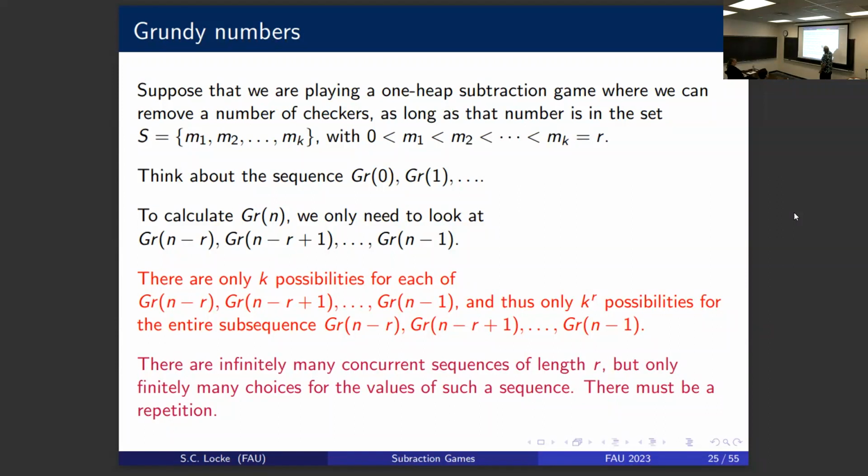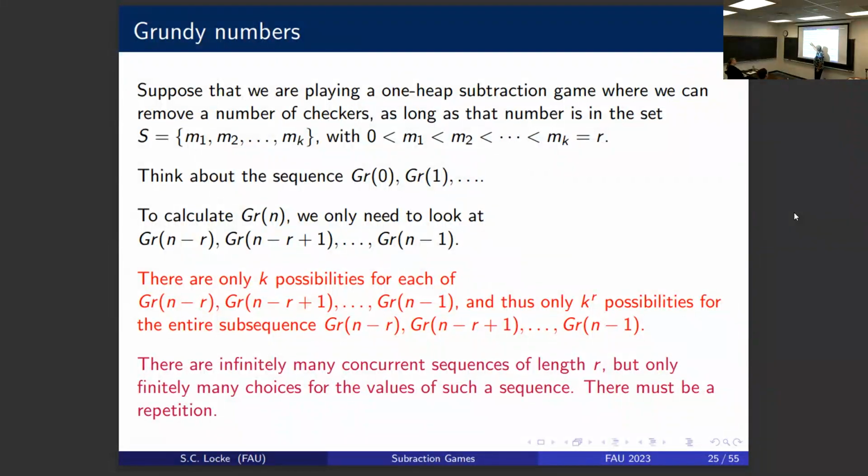Let's go back and think that we're playing this one heap subtraction game, a little bit more general than the 1, 3, 4 game. Let's say I can take m1 or m2 or m3 up to mk, but I'm just doing one heap. I can take any one of those numbers and I might as well put them in order so that I can say the largest one is r. I'm going to look at the Grundy number for 0, 1, 2, and so forth. It's a sequence of numbers.